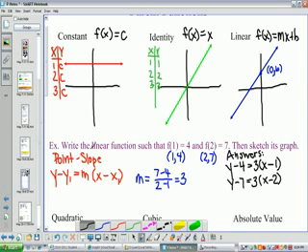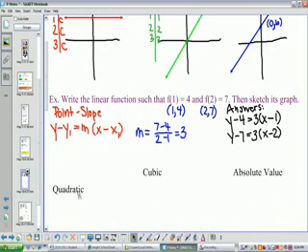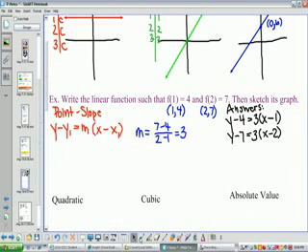So we have one over a pair of 1, 4, and the other one 2, 7. Now you could also do slope-intercept form in your traditional way.